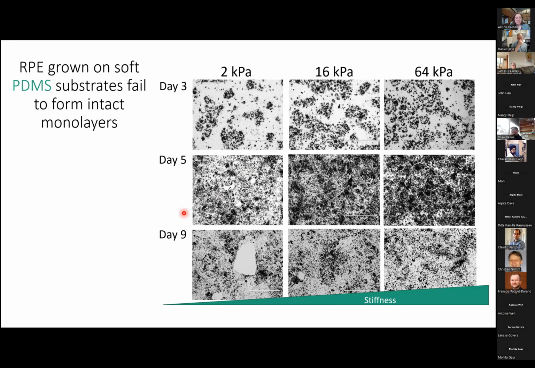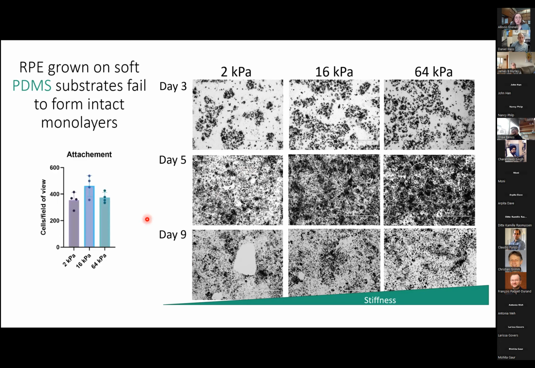So I wanted to first understand if this was a difference in attachment or growth. I assessed attachment by growing cells for 24 hours, then using media to gently take off any loose cells, and counting the cells that were still there.